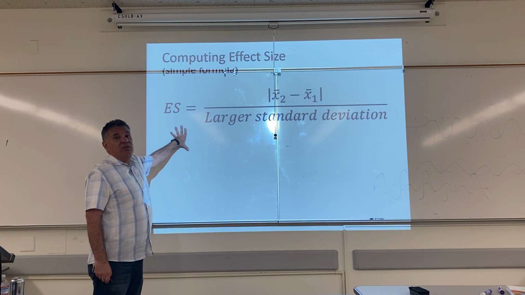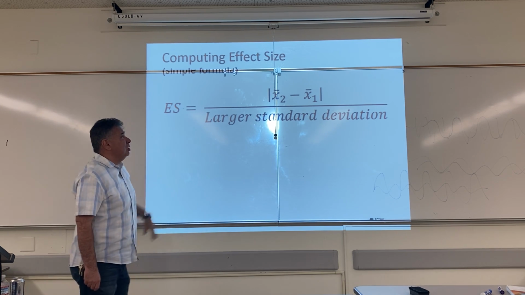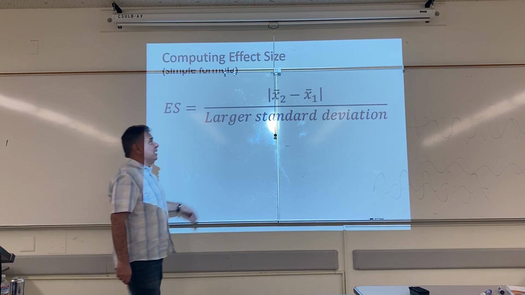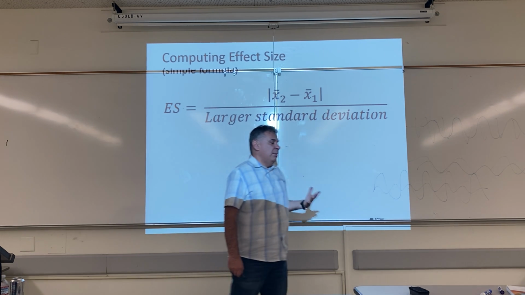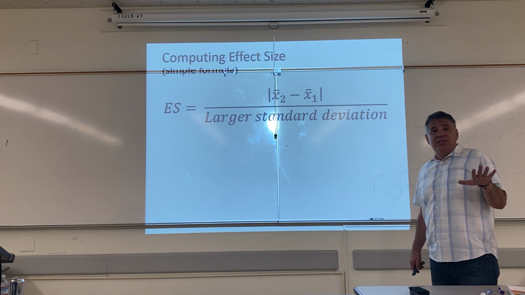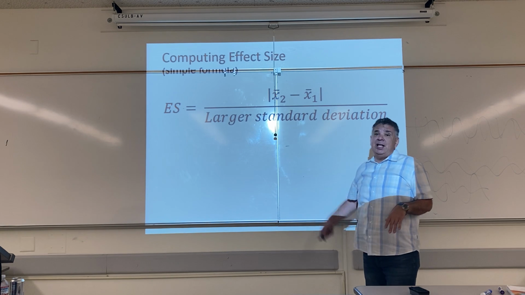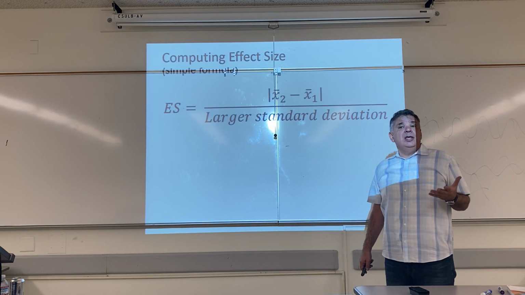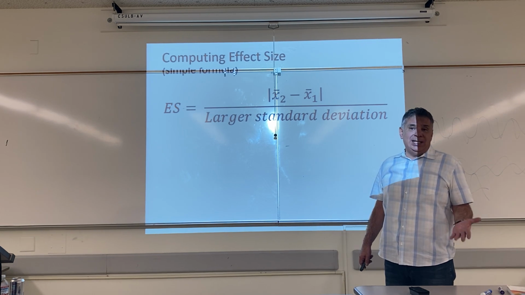The way I've written the formula is a little different than the way your book writes it. So I want you to notice, first of all, I ask you to take the absolute difference between the two groups, because effect sizes are usually described as positive numbers. If you don't take the absolute value, then you also tell people the direction of the effect size, which is known as the direction of the magnitude.